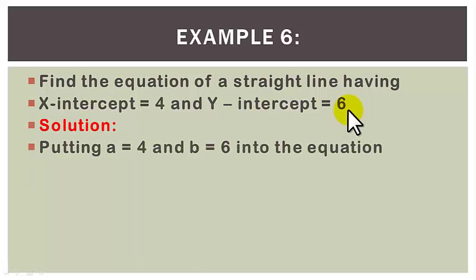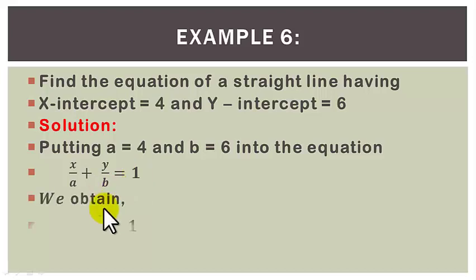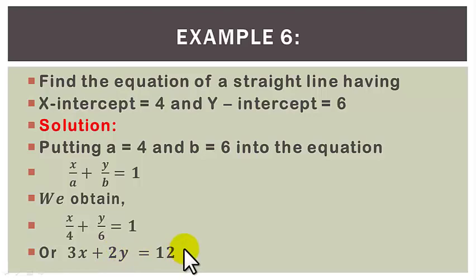Putting A equal to 4 and B equal to 6 into the double intercept form of the equation, x over A plus y over B equals 1, we obtain x over 4 plus y over 6 equal to 1. If desired, we can multiply this equation through by the LCM, which is 12, to obtain 3x plus 2y equals 12.